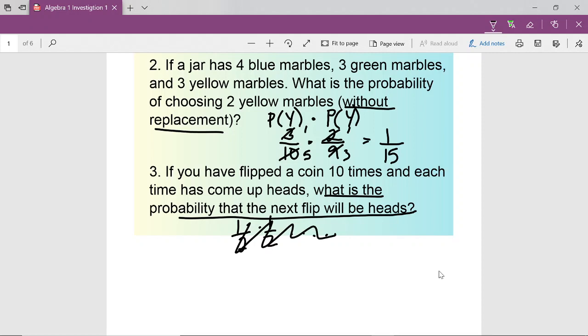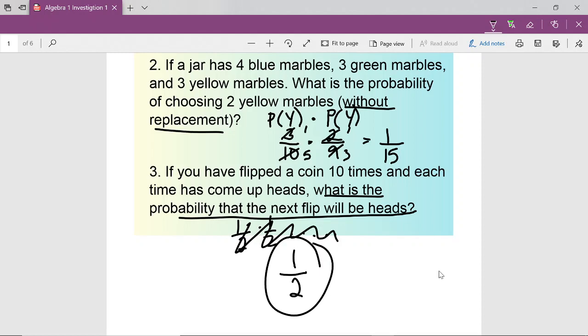We have to throw out everything we know up until that point. We don't care that it came up heads 10 times before that. What we want is just the typical theoretical probability. There are 2 sides on the coin, one of them is heads. It's still 1/2. It doesn't matter if we get 100 heads in a row, the next probability will still be 1/2.